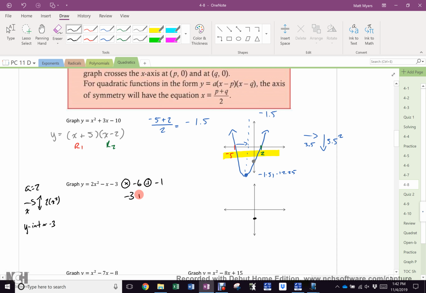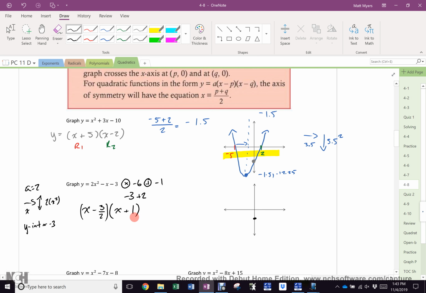Negative 3, positive 2, right? So x minus 3, but it's not really minus 3. 3 halves, yeah. And the other one would be x plus 2 over 2, which is x plus 1, yes?